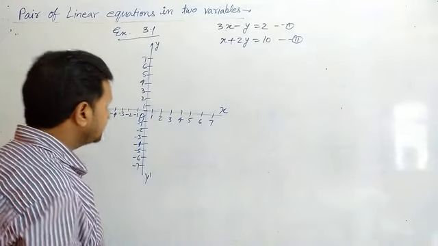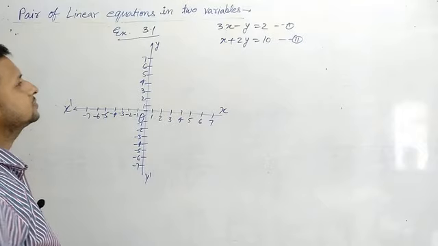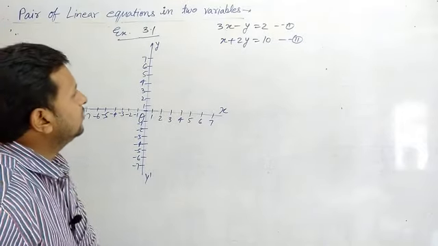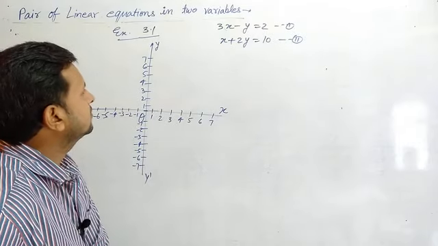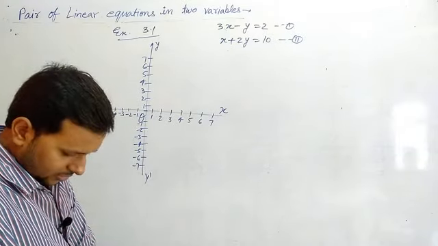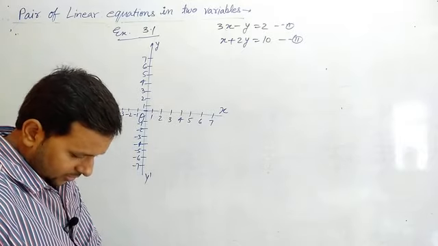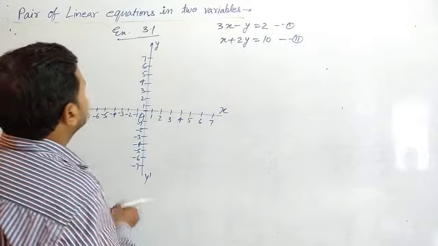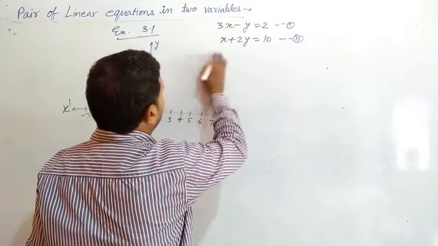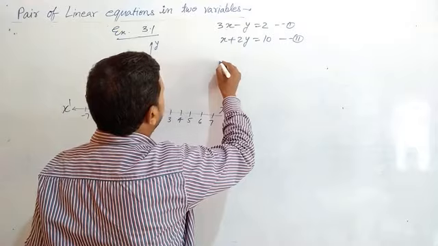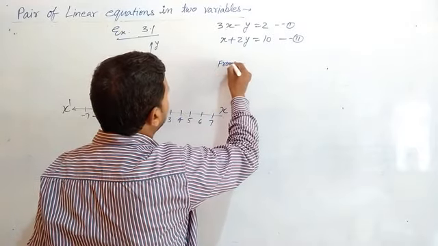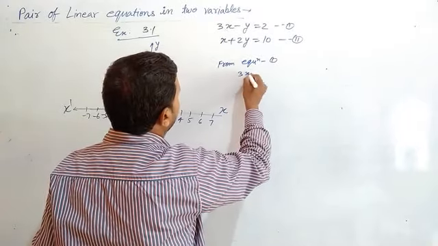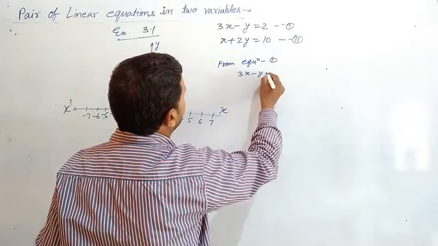Now, see here. First of all, we have to take equation first. After taking equation first, we need to draw a figure from it. I am writing here from equation first: 3x minus y is equal to 2.